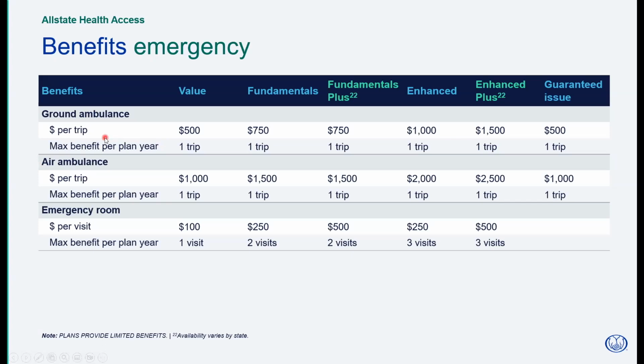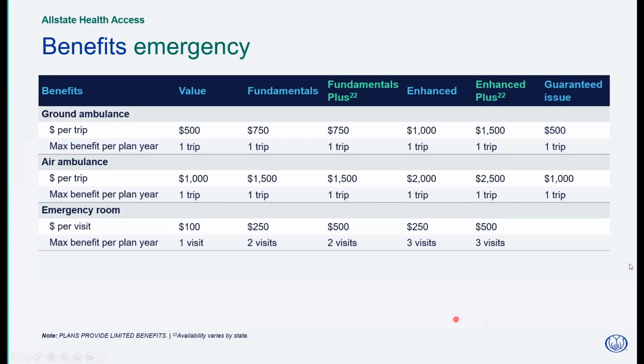That per trip benefit ranges from $500 up to $1,500, depending on the level that is chosen. The air ambulance benefit is a per trip benefit that ranges from $1,000 to $2,500. Just like with the ground ambulance, the maximum benefit per plan year is 1 trip.